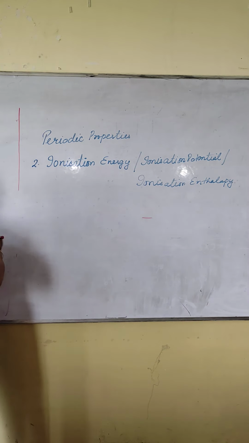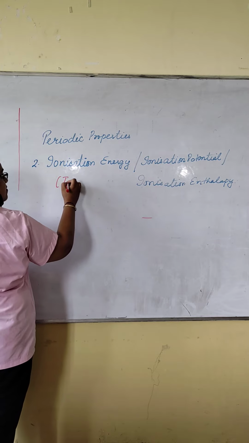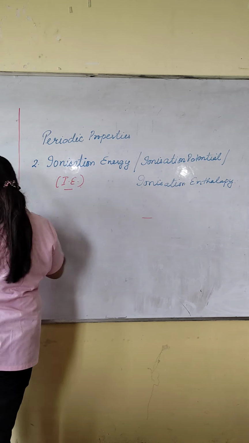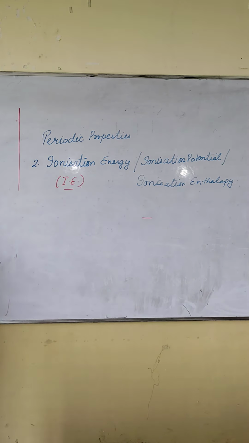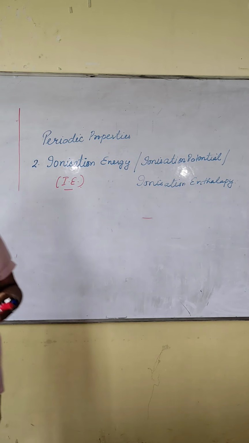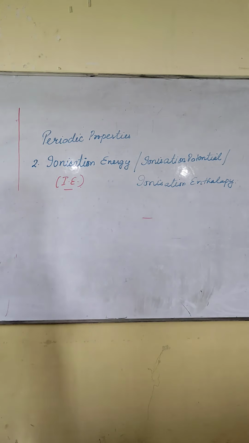It is represented by IE: ionization energy, enthalpy and potential. First I will tell you what is the meaning of ionization energy.